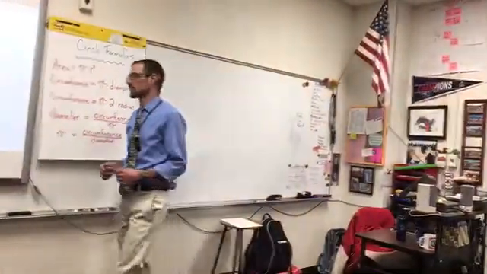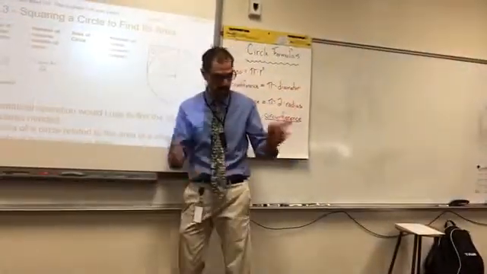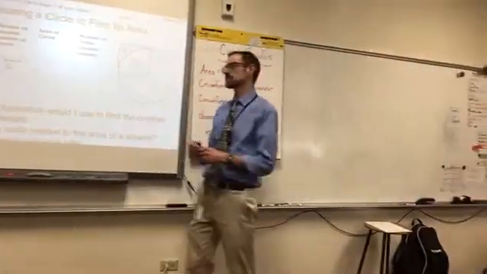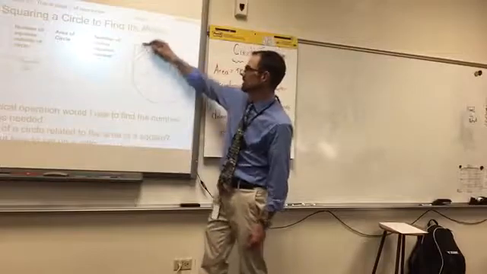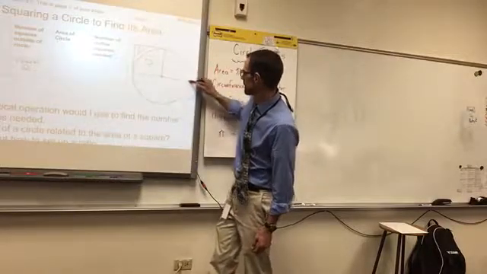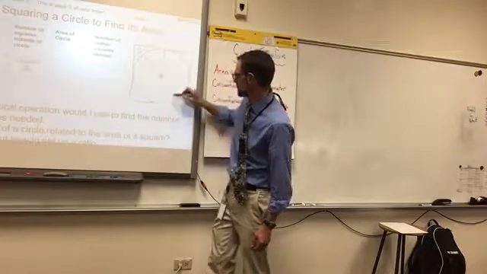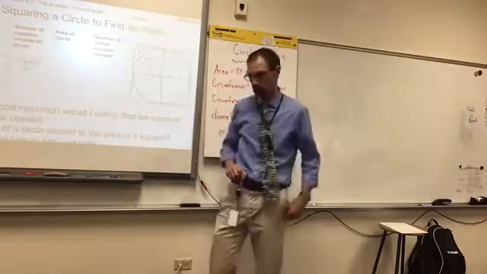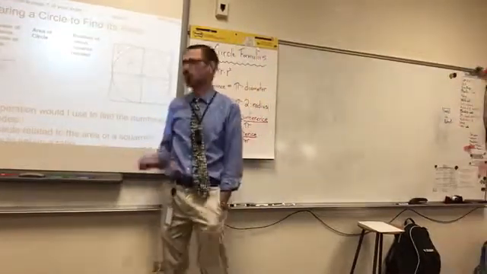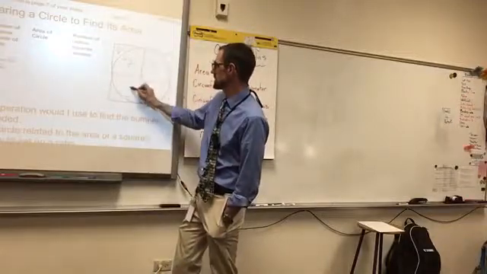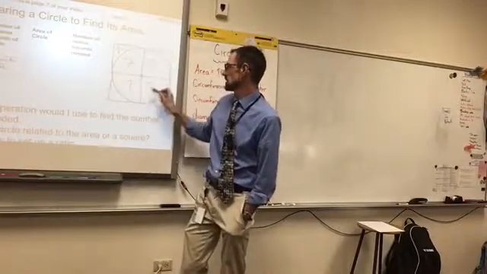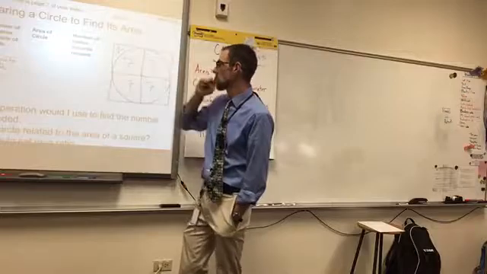Now, Lane's already doing the math. She's like, well, if I know that this radius square, and there's 4 of them, then that means there's 7 here, and 7 here.